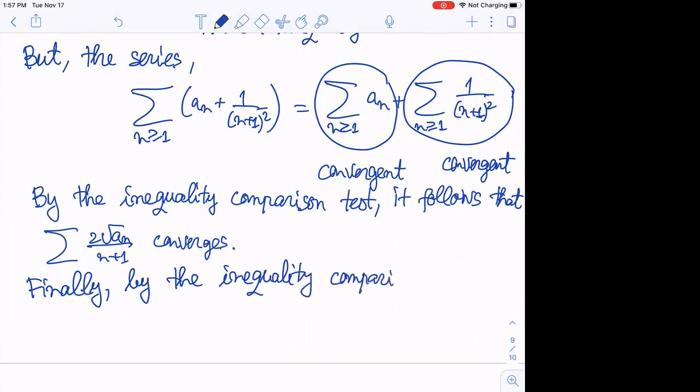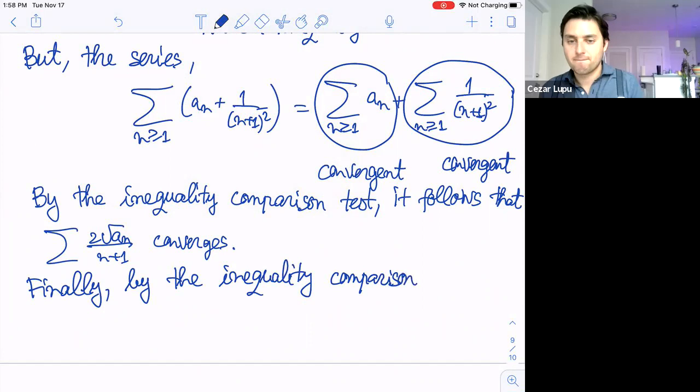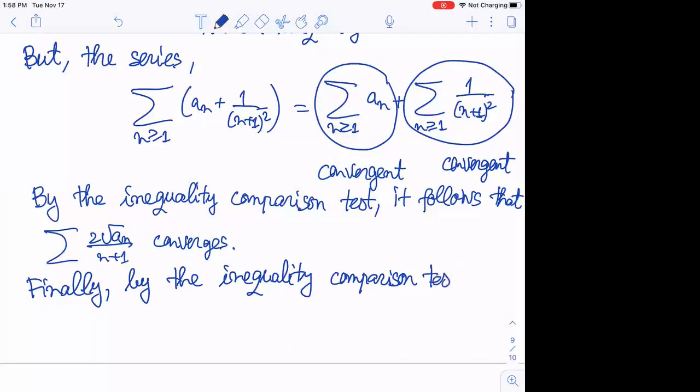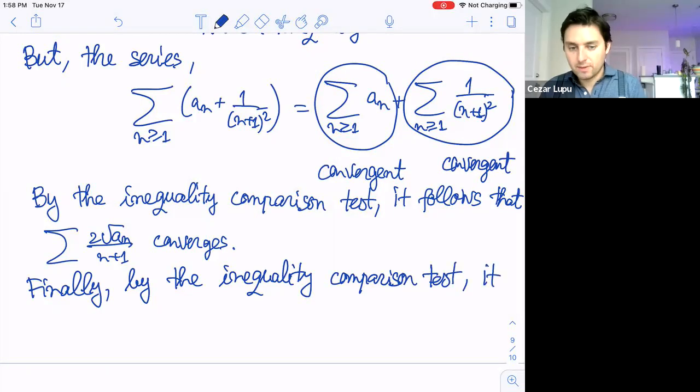So basically, you have to use the AM-GM inequality to set up the inequality for the comparison test, right? Yes, exactly. When you compare those two sequences, you have a sequence X_n less than or equal to another sequence Y_n, but you get that inequality by using this tricky AM-GM twice, you see?